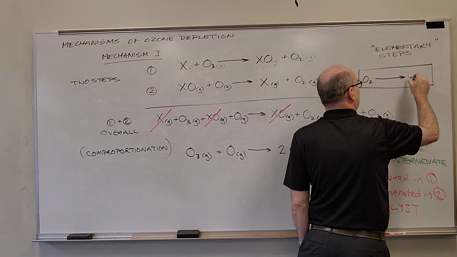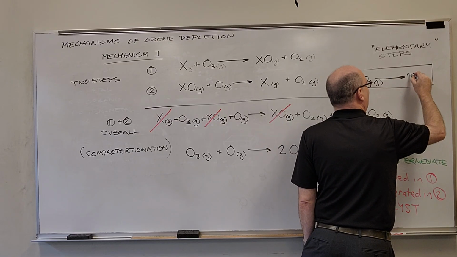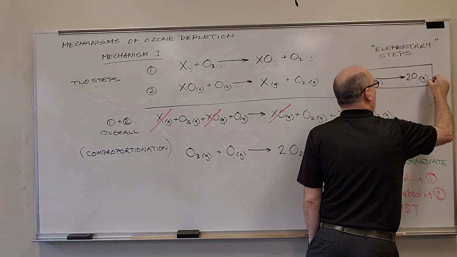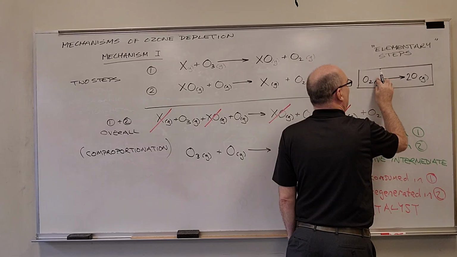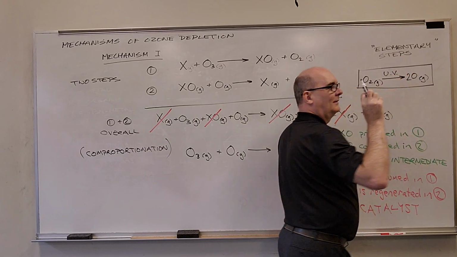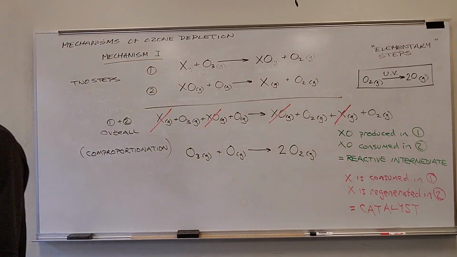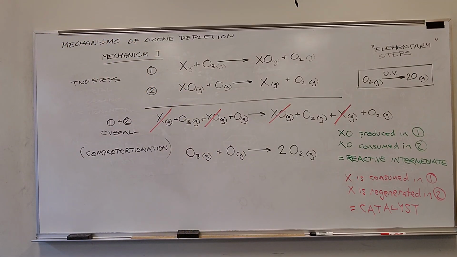No, that comes from dioxygen. The dioxygen gas will turn into two monatomic oxygen gases if you hit it with ultraviolet light. That's an endothermic reaction.